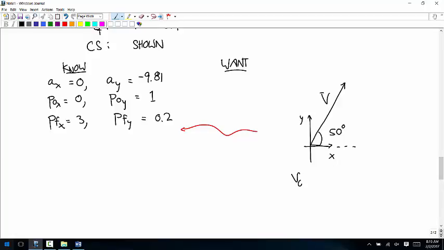So this vector v sub 0 is equal to v times the cosine of 50, v times the sine of 50. Which is 0.643 v, 0.766 v.